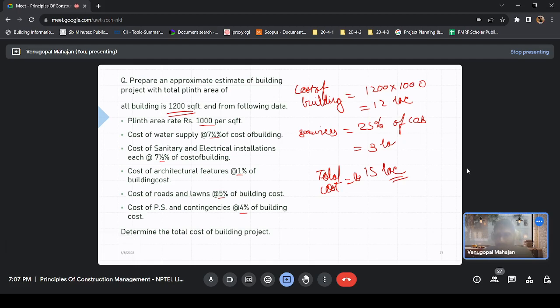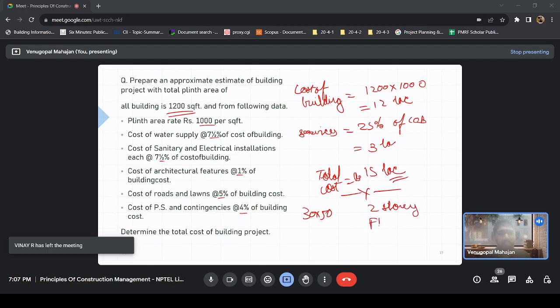Let's try to solve this. Okay, so 30 by 50. He wants to build a two-story house, and the FAR in this region, let's say, is 1.5. So his total built-up area would be 30 into 50 into 1.5, which is 2250.